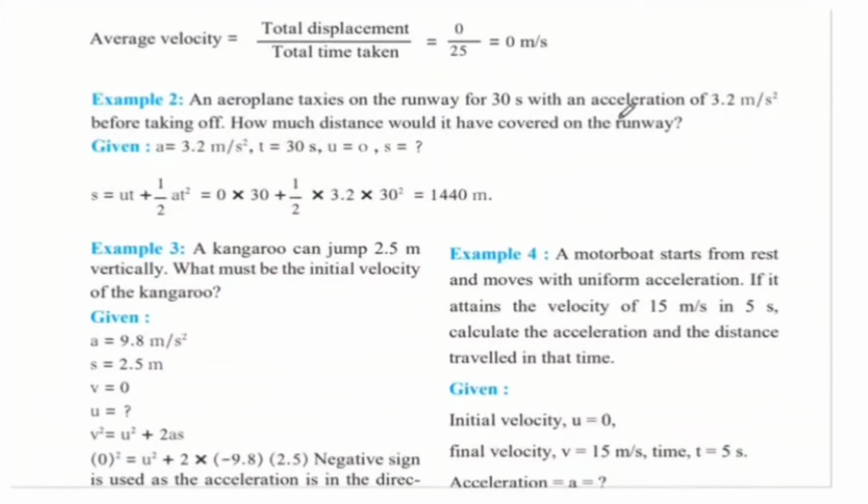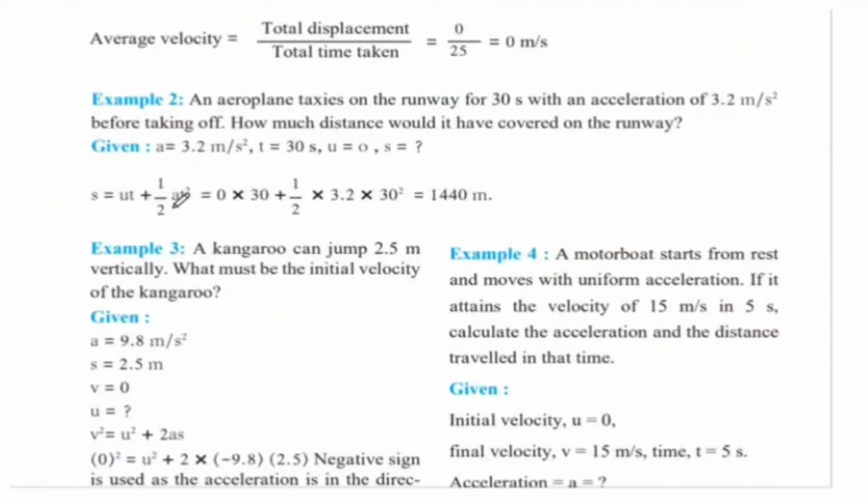So here they have given us acceleration and time, and they are asking us the displacement. So we have to see which Newton's law of motion was telling us the relation between displacement and time. And that was the second law of motion, that is, S is equal to ut plus half at square.